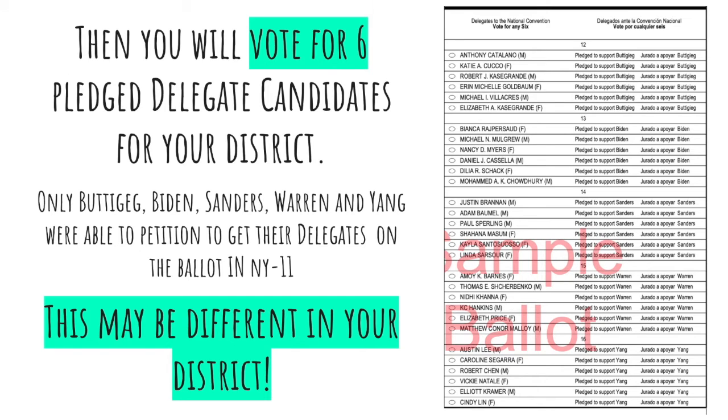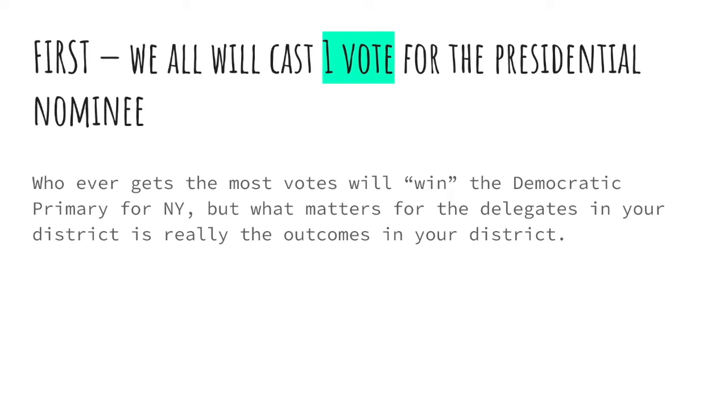And it's important to remember that each district had to get their delegate candidates on the ballot. So only Buttigieg, Biden, Sanders, Warren, and Yang were able to petition to get their delegates on the ballot in New York 11. Please remember this may be different for your district. So first we will all cast one vote for the presidential nominee. Whoever gets the most votes will win the Democratic primary for New York, but what matters for the delegates in your district is really the outcomes in your individual district.